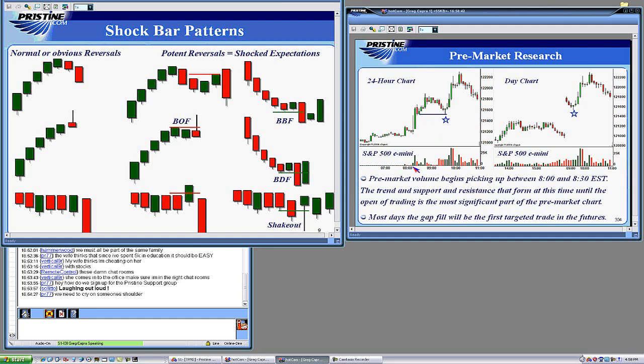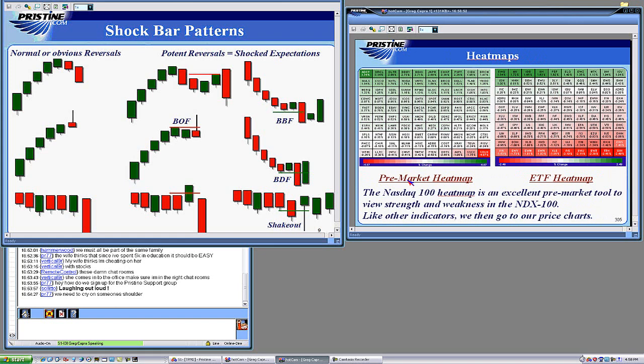And heat maps, honestly, I haven't looked at these in a long time, but these heat maps at the NASDAQ site may generate some ideas for you prior to the open. Let's see if I can find something here that someone had shared in a prior class on heat maps that was really pretty neat. Let's see if I can find it. I think that was it.